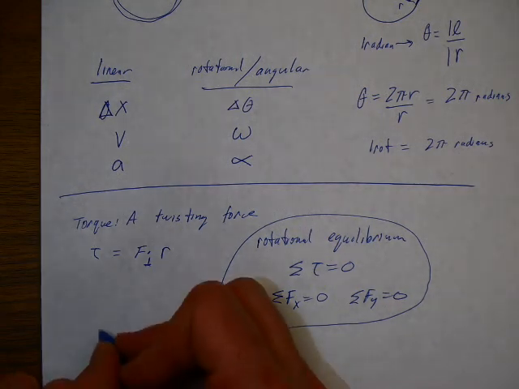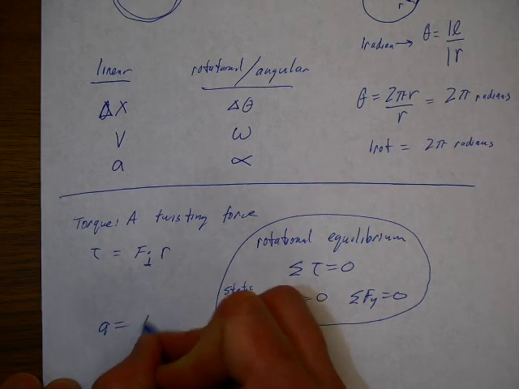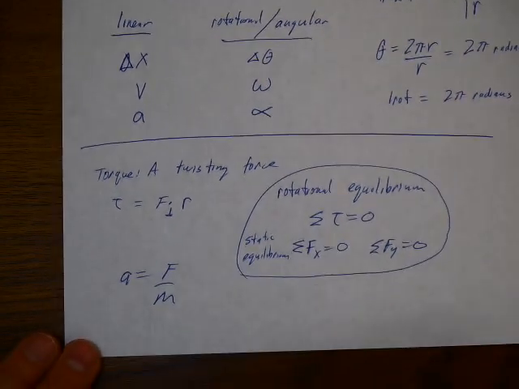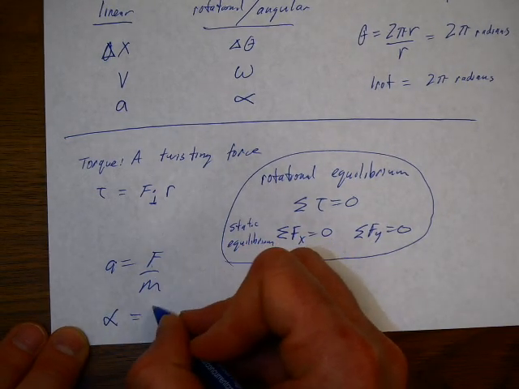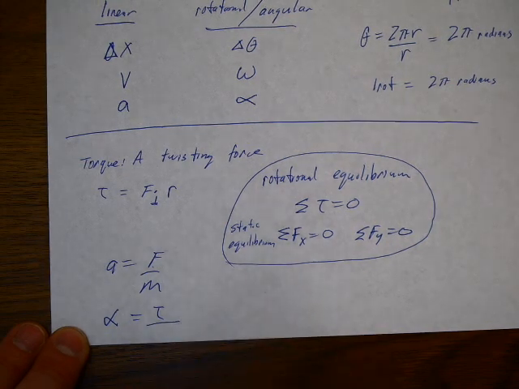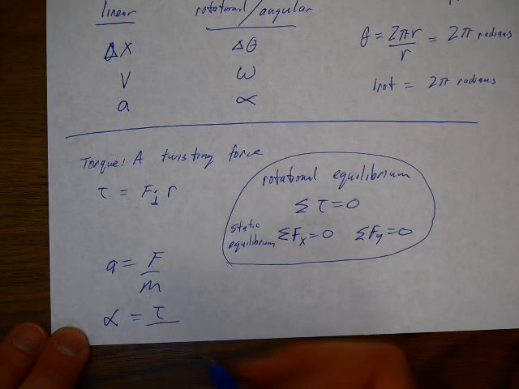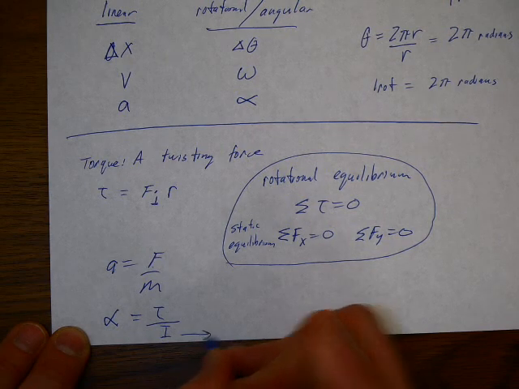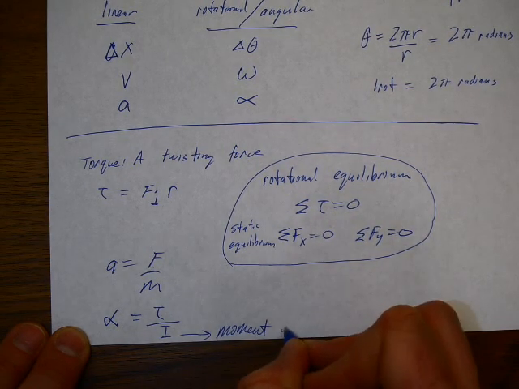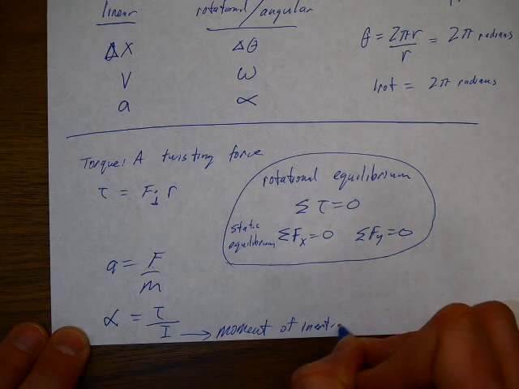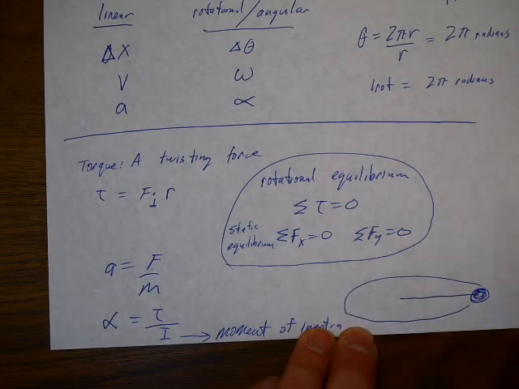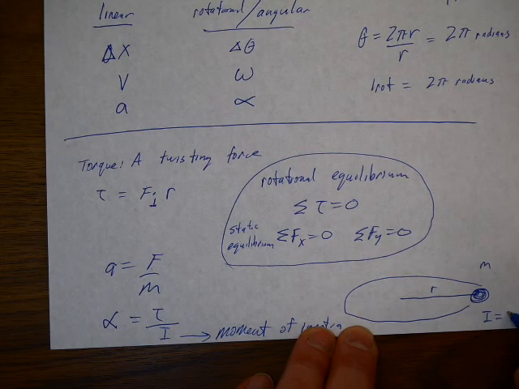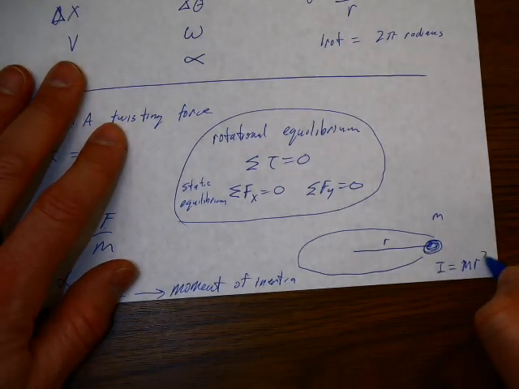The next piece that we had was, instead of saying acceleration for linear stuff is force over mass, we had this idea that angular acceleration is not the force, but the twisting force, or the torque, divided by not just the mass, but where the mass is located, which we called the moment of inertia. And remember, for the most basic shape, which was a point mass being swung around in a circle of radius r, the moment of inertia for that was mass times radius squared.